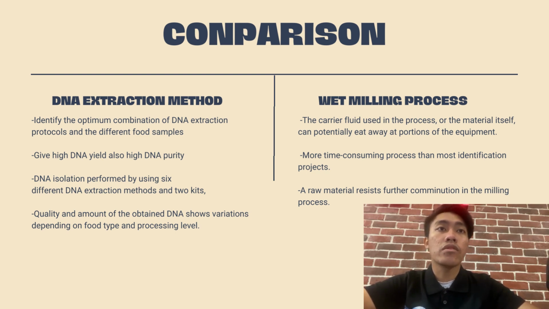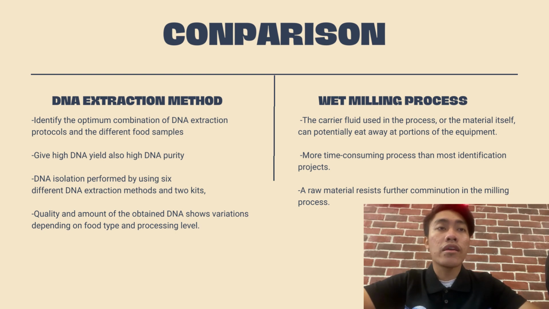First we will look at the DNA extraction method. This is the method that we chose because it can identify the optimum combination of DNA extraction protocols and the different food samples. It also gives high DNA yield and high DNA purity.